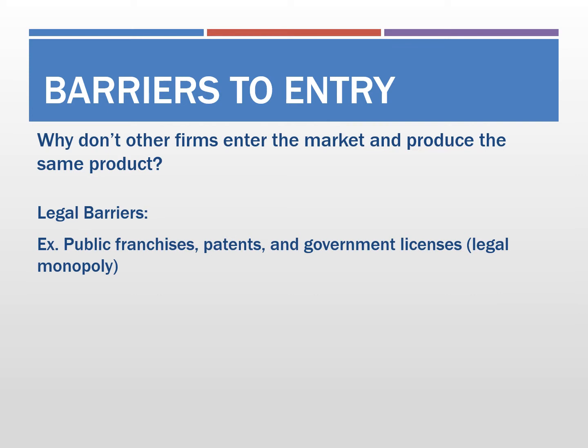Those are barriers created by the government with the intention of creating a monopoly market for a firm. You can easily imagine how a utility company in a state could be a legal monopoly for supplying utility to the households in that state, such as PG&E in California.